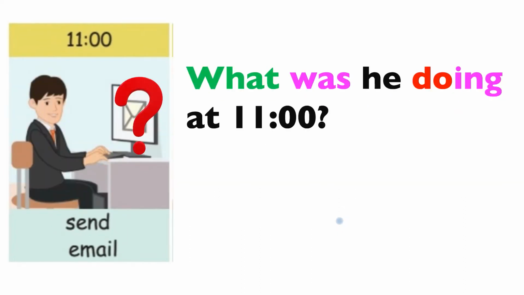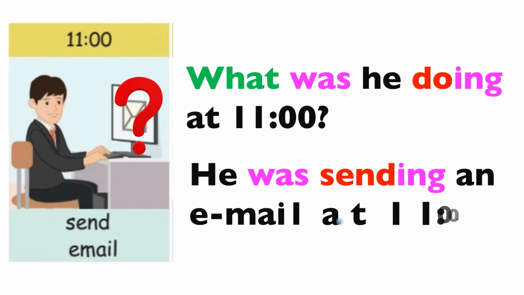What was he doing at 11? He was sending an email at 11 o'clock. O'clock is optional. Another difficult one with the time, but 2 options are open to you.